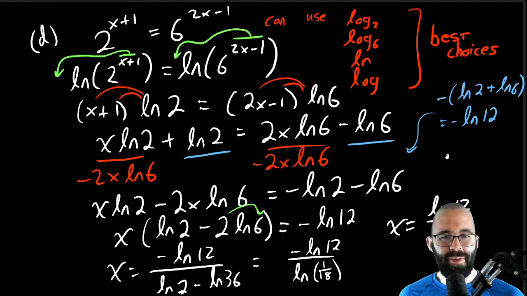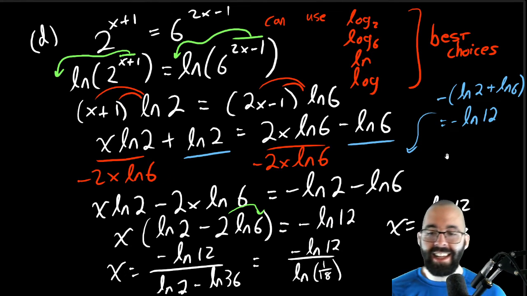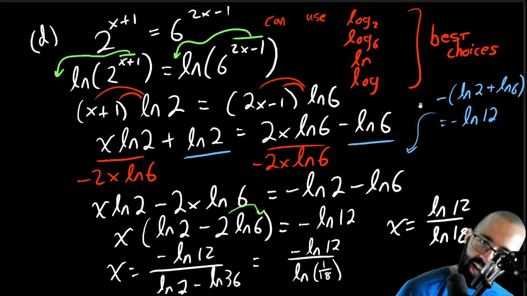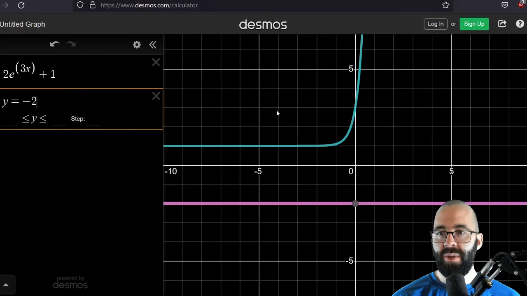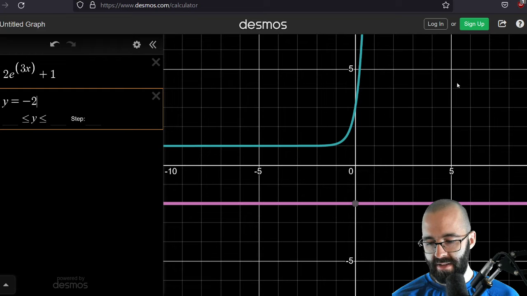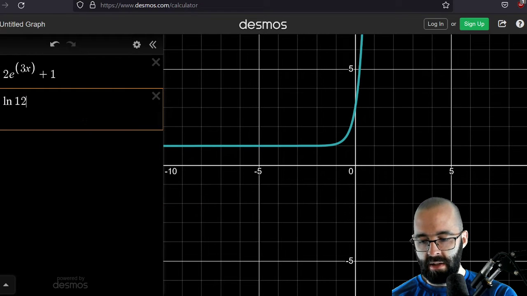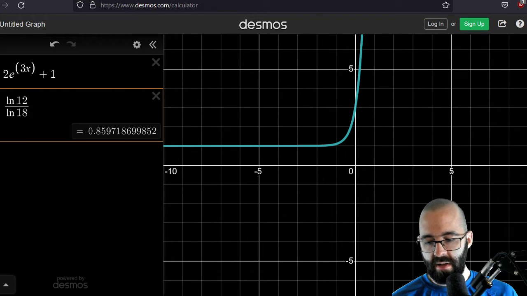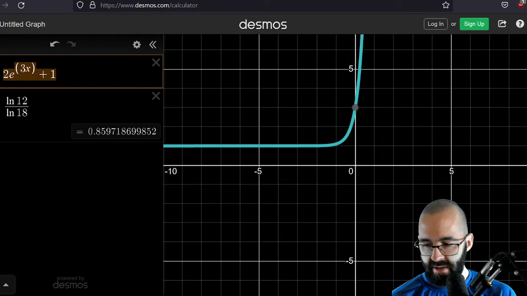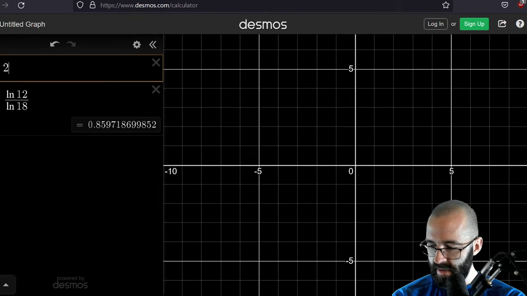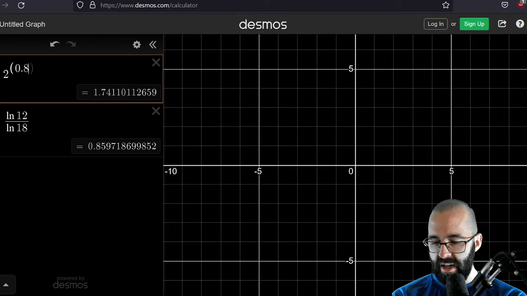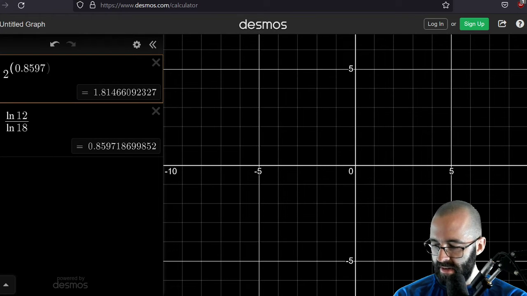I just moved it to right behind my head. Let's check our answer. ln 12 over ln 18. What is that approximately? About 0.8597. Let's plug that in. 2 raised to the 0.8597 plus 1.